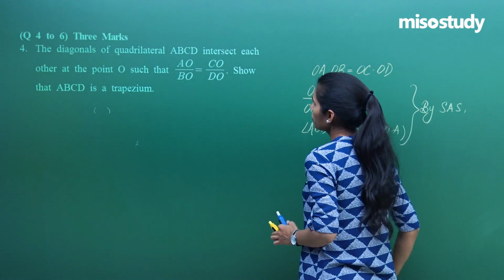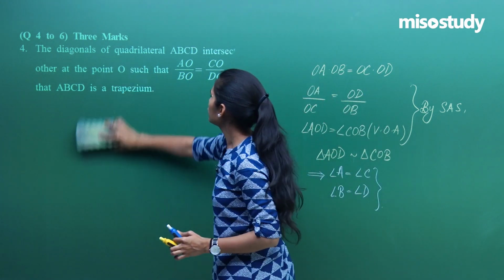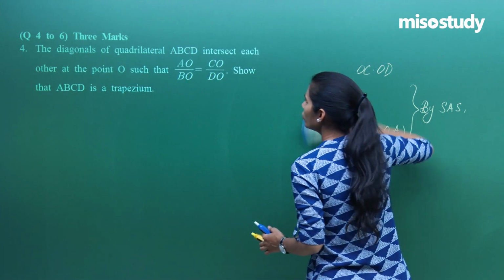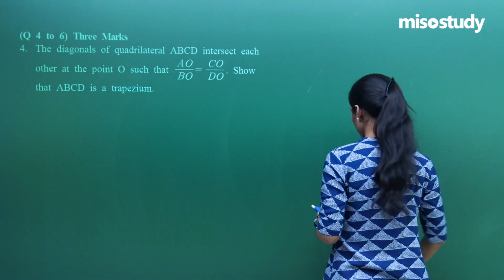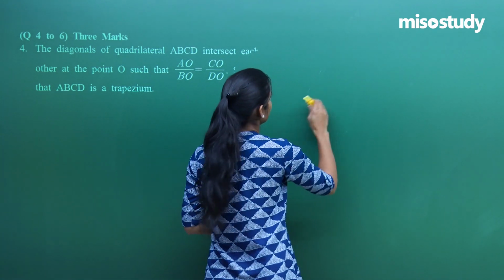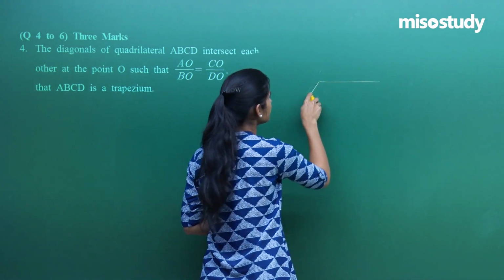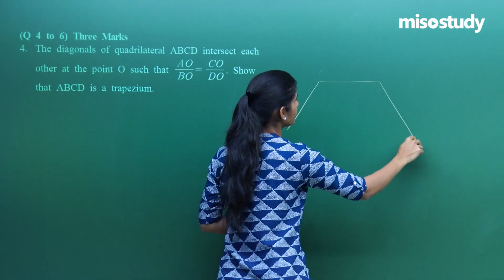The diagonals of a quadrilateral intersect each other at point O such that this ratio holds. Show that ABCD is a trapezium. Let's roughly draw something like a trapezium so that we can feel what is going on in the question.